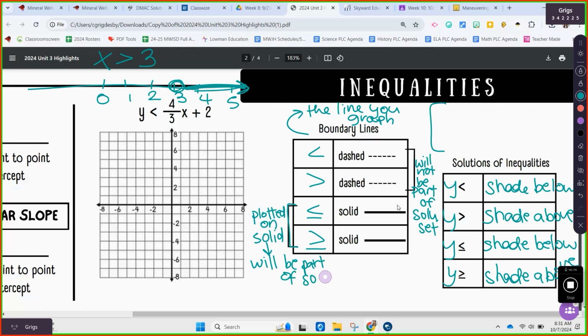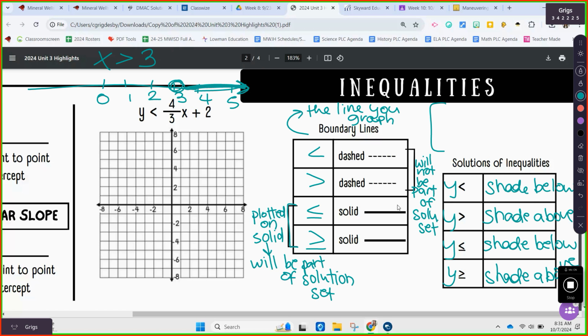It can be plugged in. So if you have a solid line, then you would plot your dot on that line and it would be part of the solution set. I could take that x, y, plug it in, and it would be a true statement. The goal of inequalities is to make true statements.